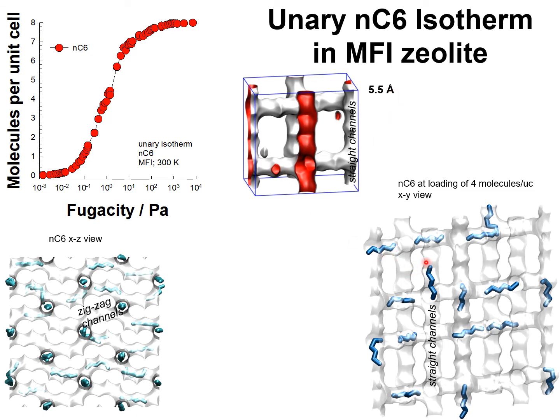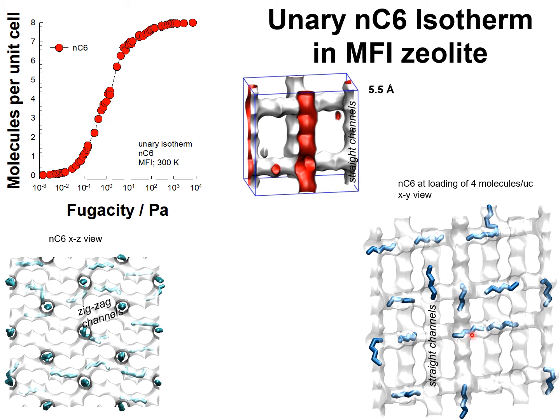Normal hexane is a linear molecule that can align along either the straight channels or the zigzag channels. This is the XZ view, looking at it from the top, and indeed they are zigzag in shape. They're also called sinusoidal channels. The length of a normal hexane molecule is commensurate with the distance between channel intersections.